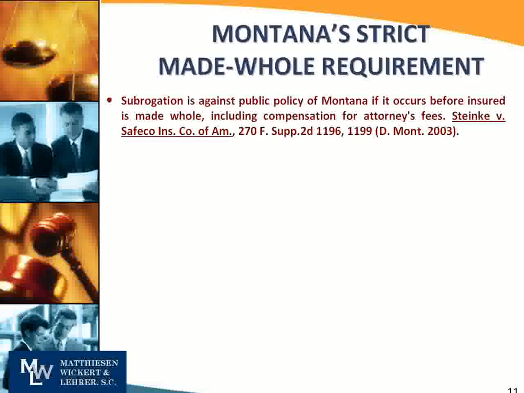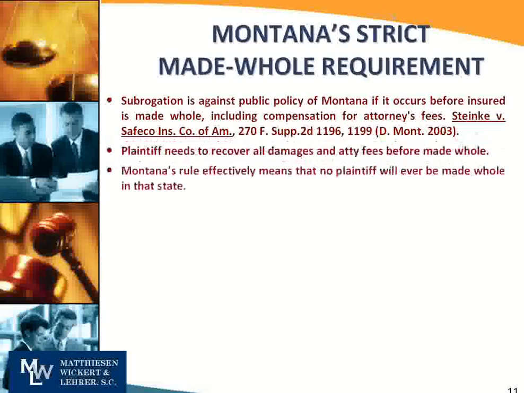But practically speaking, it makes it impossible for us to subrogate unless the insured goes to trial, recovers all the damages in a verdict, and the jury, for some reason, is allowed to award attorney's fees. So, using our $100,000 as an example, if the insured recovers $100,000 in an auto accident, and that happens to be the total amount of damages, that insured is still going to have to pay that 33% to their attorney.